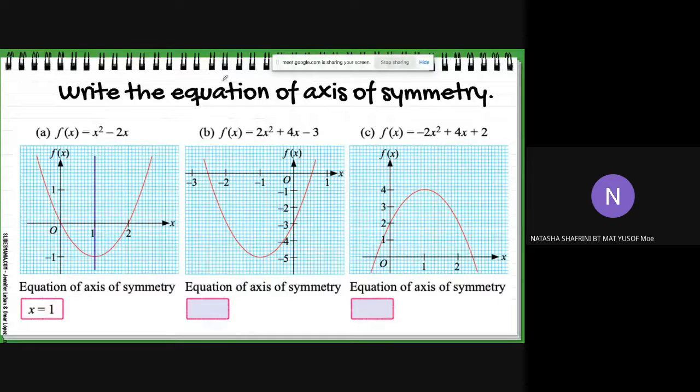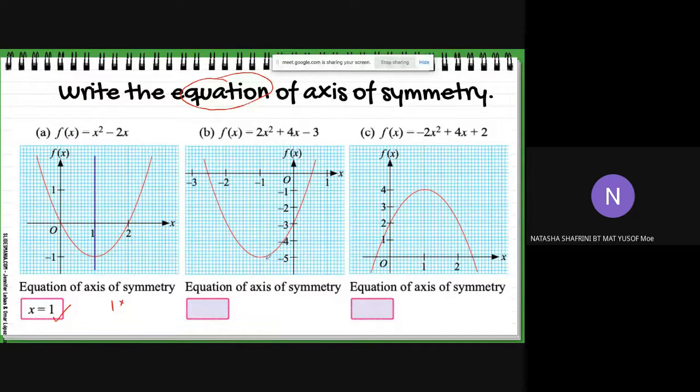So bila dia punya arahan, write the equation. So equation of axis of symmetry mesti guna huruf x equal. Mesti ada x equal. Kalau tulis satu saja salah. Kena tulis x equal to 1. Sebab dia nak equation mesti ada equal sign lah. X equal 1.